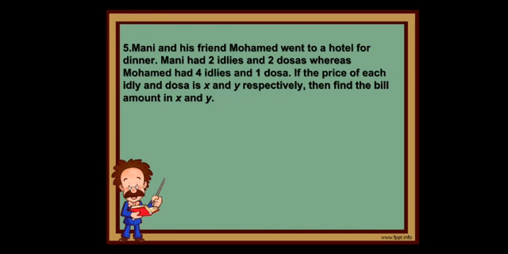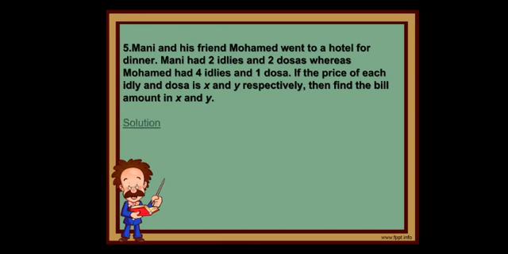So how to find the bill amount? We can do it in two ways. Either we can find the bill amount of Mani and the bill amount of Muhammad, then add those two bill amounts, so we will get the total bill amount.